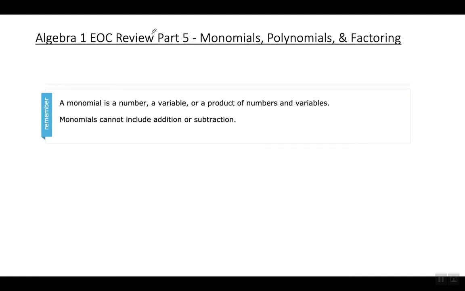Okay, so now let's get to monomials. A monomial is a number, a variable, or a product of numbers and variables. Monomials cannot include addition or subtraction. A monomial is basically this. That's a monomial. This is a monomial. That's a monomial.